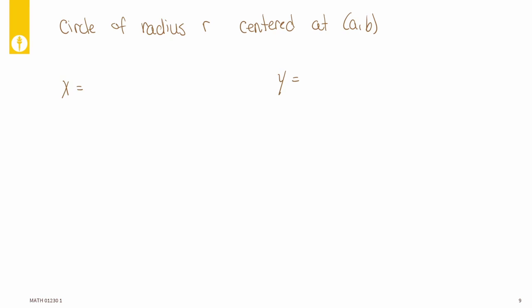Do you remember what this is? What was it? x would be 6 cosine theta, and y would be 6 sine theta.